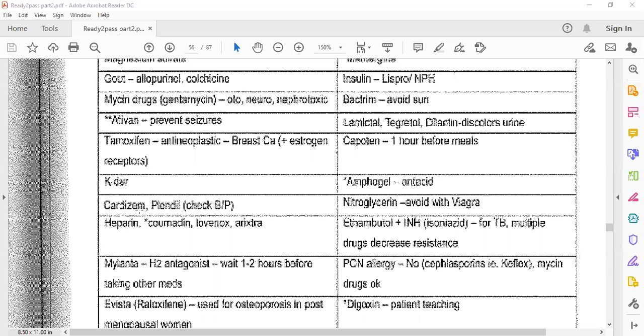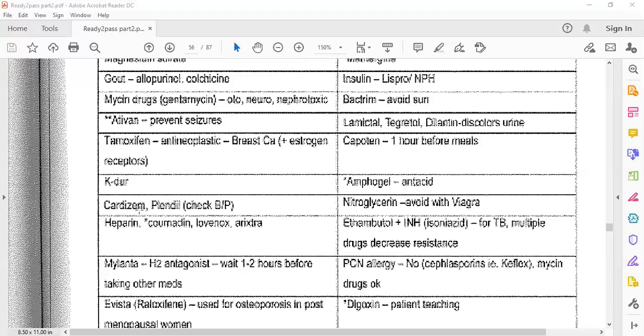Again, I said Cardizem we use to prevent chest pain, or for any other heart-related problem.